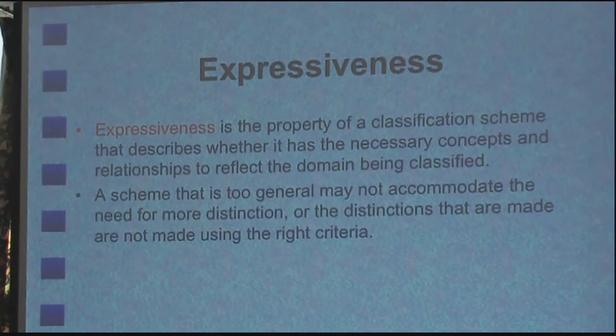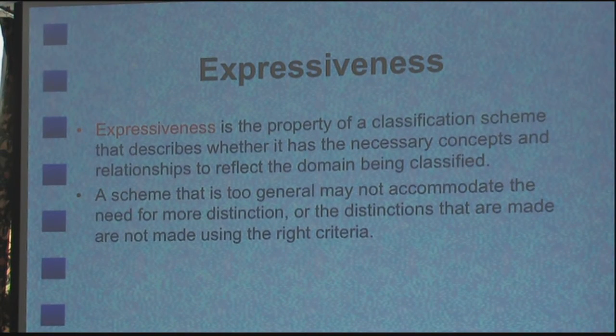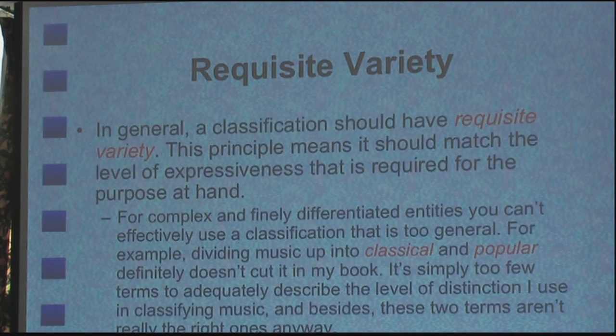Expressiveness is the property of a classification that describes whether you've got enough concepts in that classification to accommodate what you want to describe and to organize. So if the scheme is too general, you may not accommodate the need for a particular kind of distinction. And if it's too specific, that's not good either.